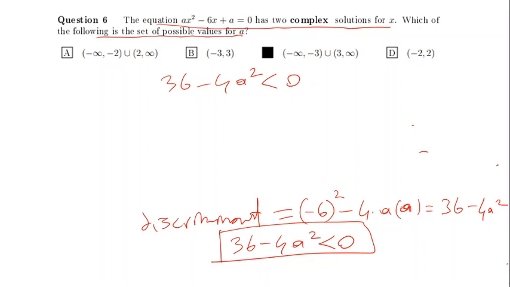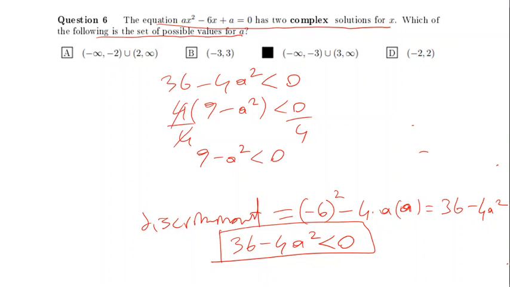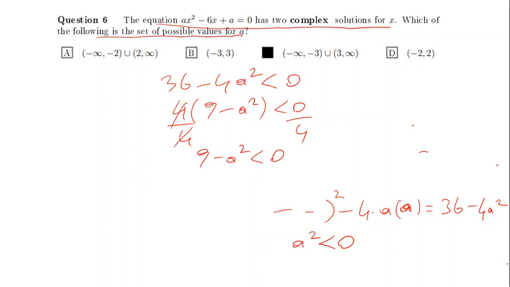And then 4 is a common factor, so you can write it as 4 times 9 minus a squared less than 0, so you can divide by 4, and then you will end up with 9 minus a squared less than 0.